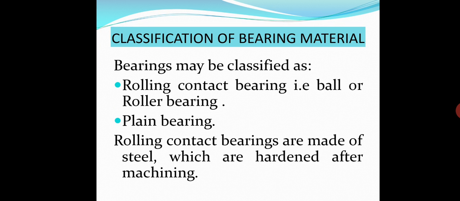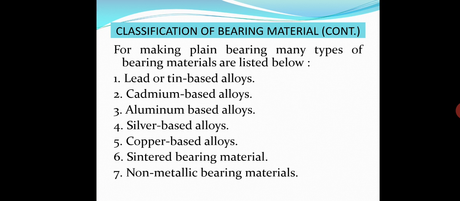These bearings may be classified as rolling contact bearings, that is ball or roller bearings, and plain bearings. Rolling contact bearings are made of steel which is hardened after machining. For making plain bearings, many types of bearing materials are listed below.